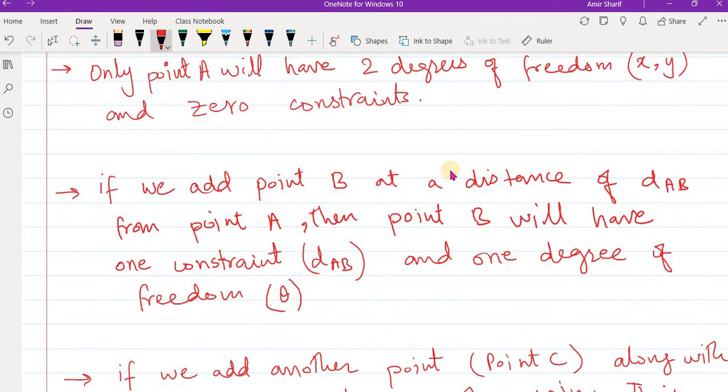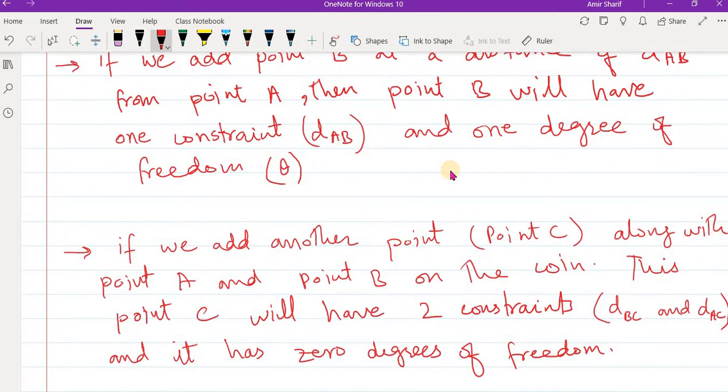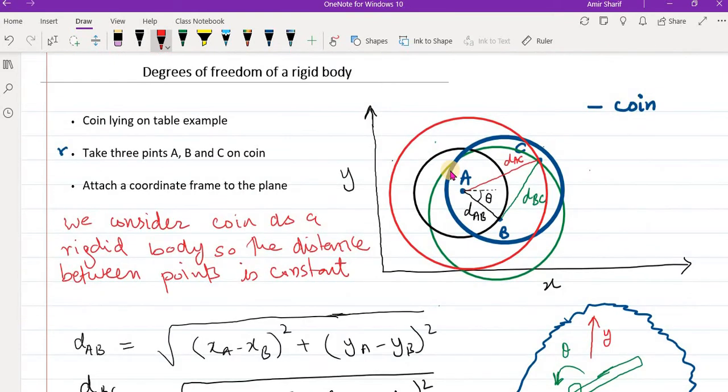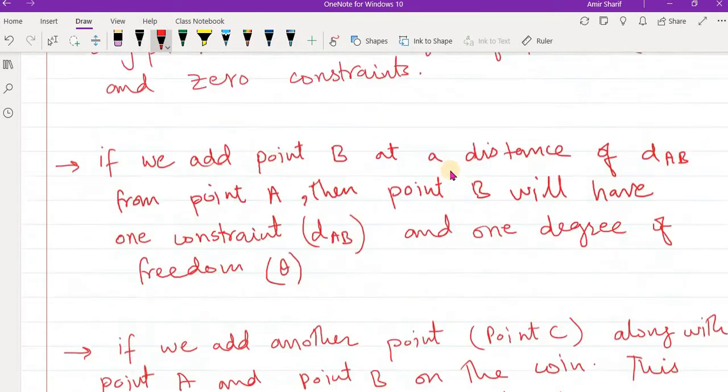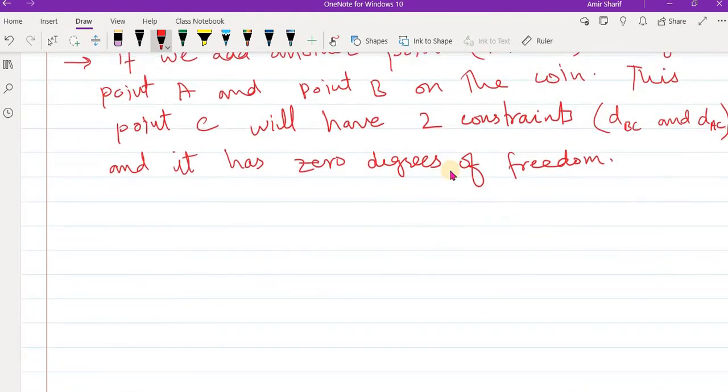Okay, so now let's derive an equation that tells us the total degrees of freedom of all these points on the coin, or the degrees of freedom of a coin.